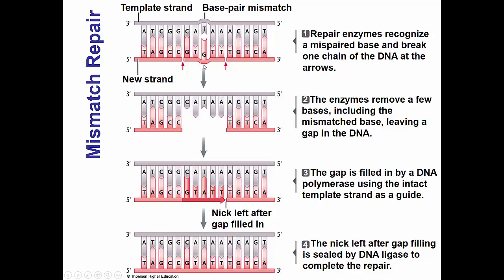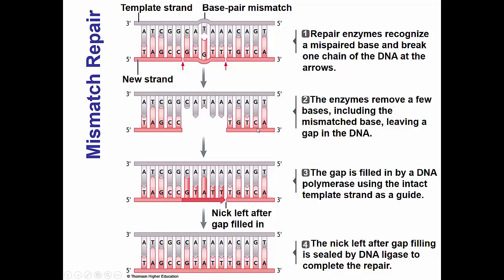So during mismatch repair, remember this mismatch causes a distortion in the DNA helix, and these repair enzymes recognize this mispaired base, and essentially they cut out a very short section of DNA, and then a very special DNA polymerase fills in that gap, and DNA ligase will seal any remaining nicks. So essentially mismatch repair just removes a very short segment of DNA and repairs the mismatch.